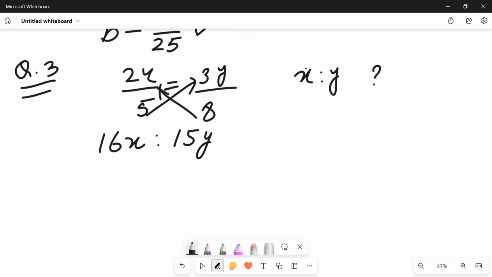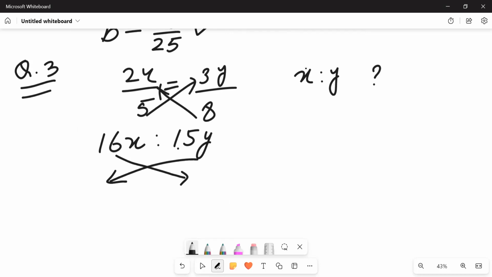16? Wait, no, now we cannot. So it means we will again cross multiply and shift the numbers to the other side. We will shift this number 15 to here and y to this side.